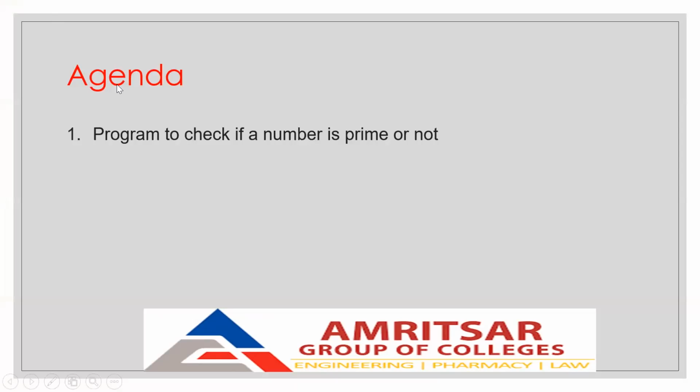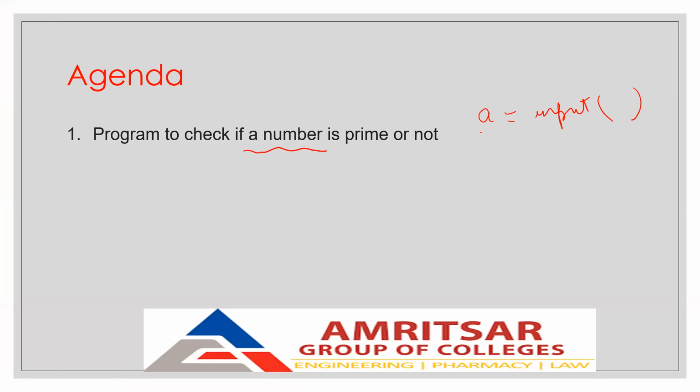So the agenda is to do just one program, a program to check if a number is prime or not. In the beginning, we are going to input a number. Suppose A is the number that I will input. I will ask the user to input this number.